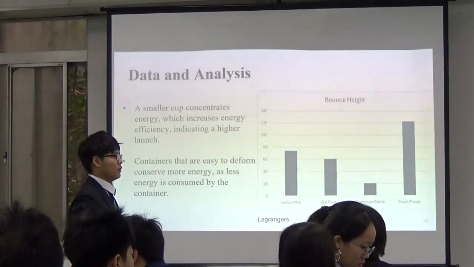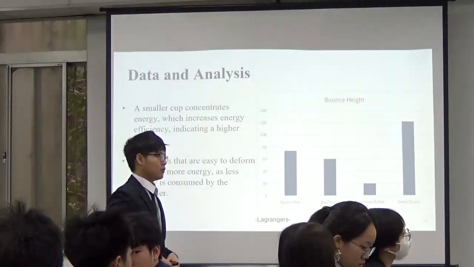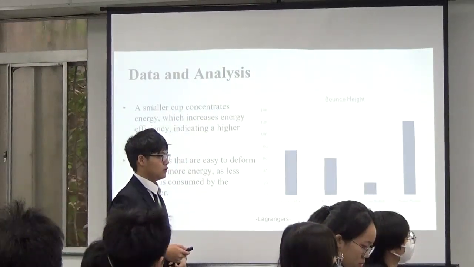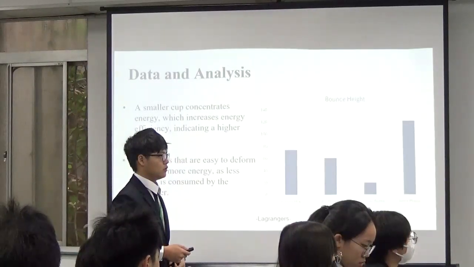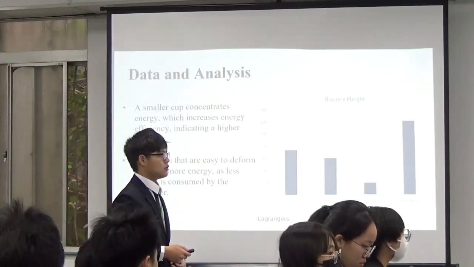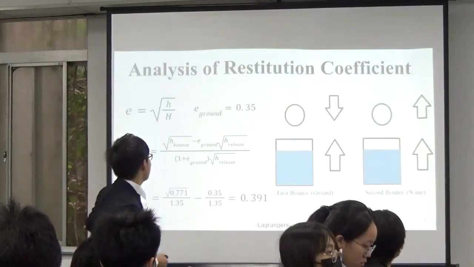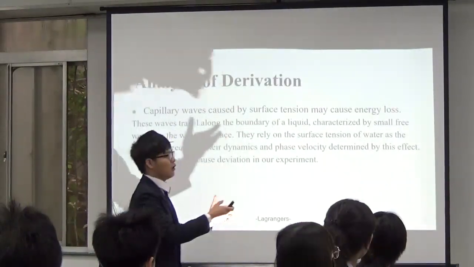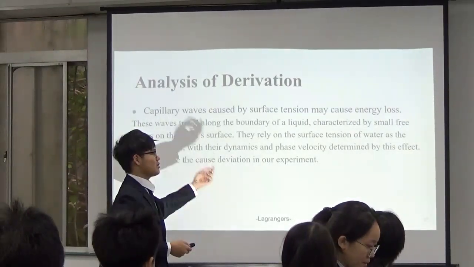And so I'm asking if you take the radius of the container into consideration, because I think a larger cross-section might cause larger water disturbance. Yes, you mean the capillary waves that we talked about earlier, when you travel along the boundary of the liquid. And when the cup increases, there will be more energy loss caused by this.